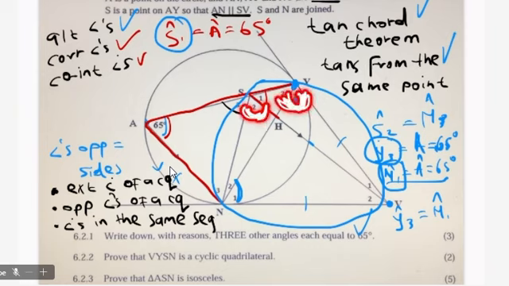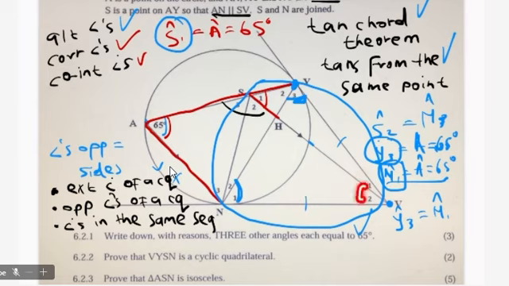So S2 and S3, we do not have more information about them. So we can try S2 and V1 because they are subtended by SV. S2 and V1, they do not have any information here. Then we can try again. What else?